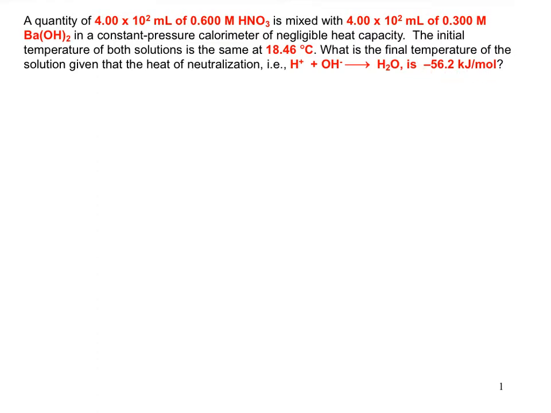This is negative, therefore it is exothermic. The reaction releases heat, and the heat stays in the solution with the majority part that's water, so the temperature of the solution will increase.